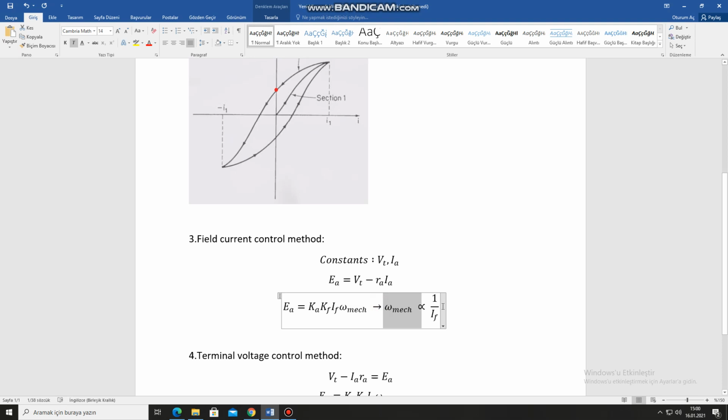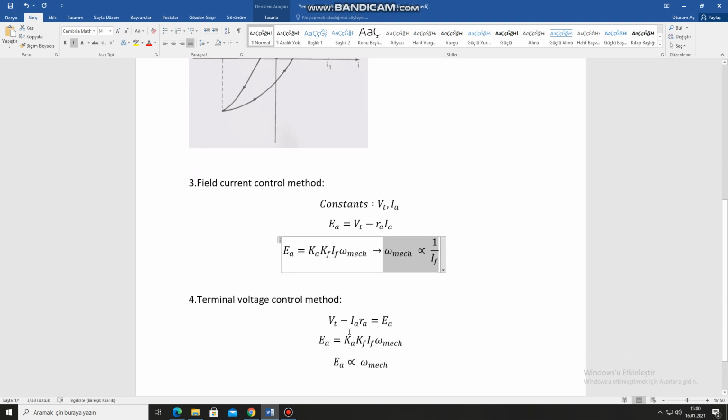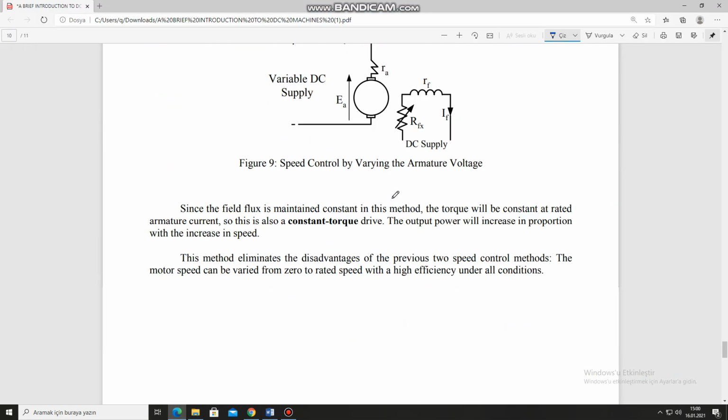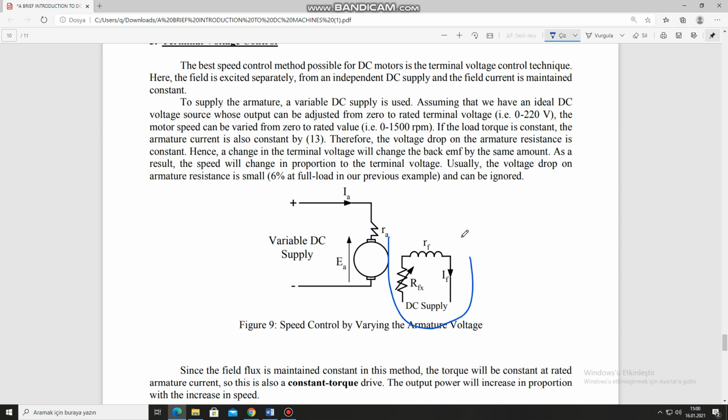Okay, so let's go on with the last question, and it was all about the terminal voltage control method. For this experiment, we used a separately excited DC machine. So let me show it here. This is the constant part, which means I_F is constant. We are not changing it. But what we play with is the terminal voltage V_T.